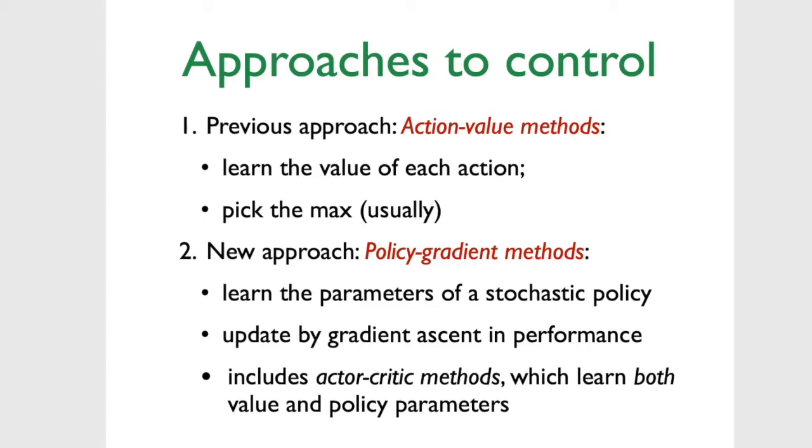So, like I was saying, there's two different major ways to represent your reinforcement learning of control. We can have an action value method where we're learning that value function, or we can learn the parameters of this policy directly.